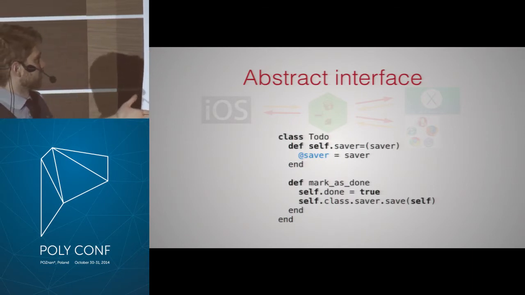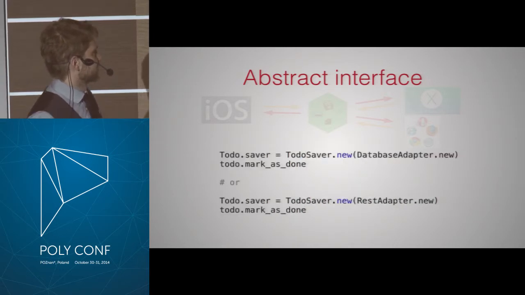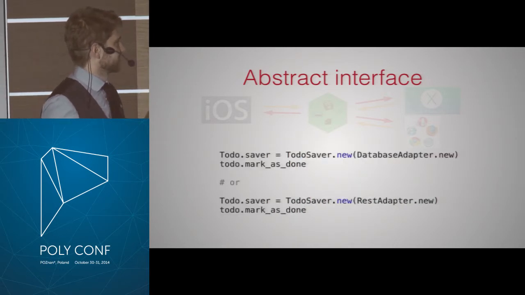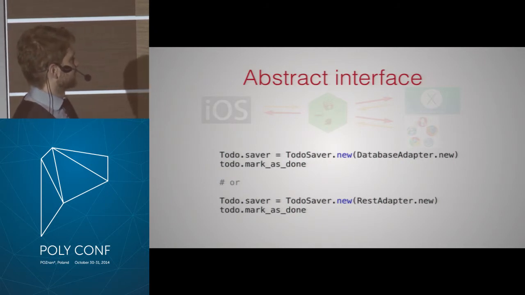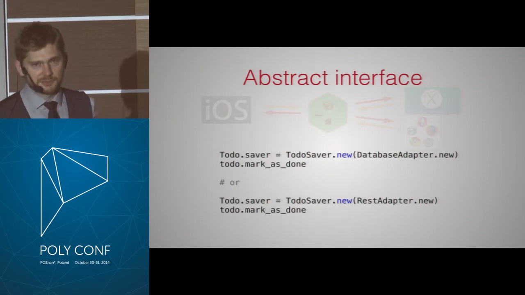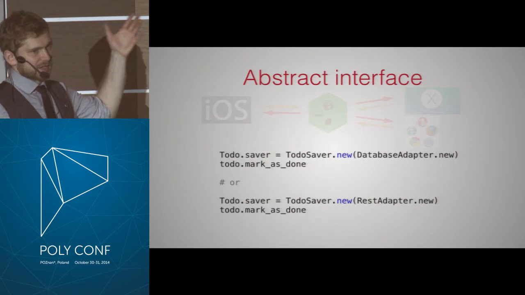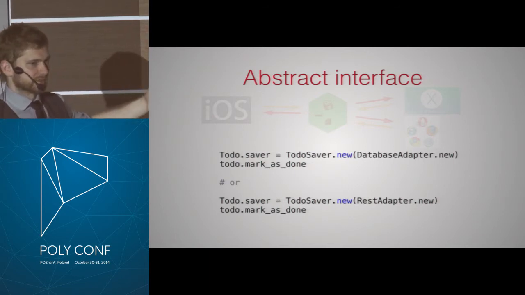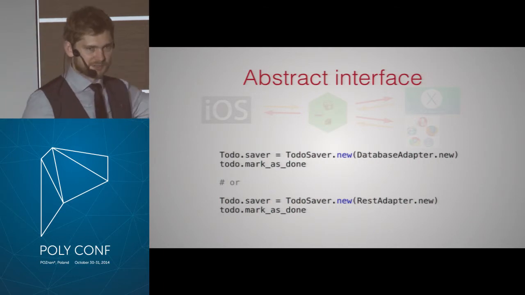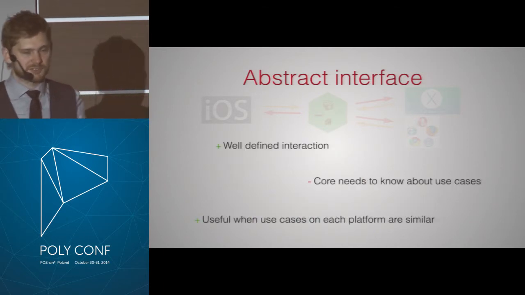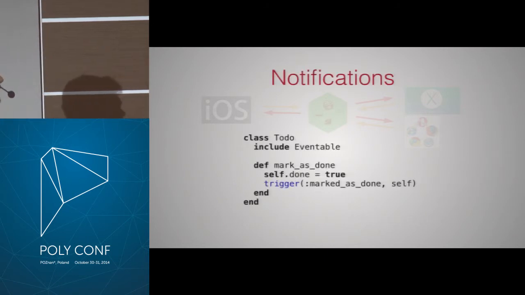We can inject that object and just save after the to-do is marked as done. And this saver could use a database adapter or REST adapter depending on what is needed on the platform. But with this abstract interface, our cross-platform Ruby needs to know that there is something potentially outside of our domain, so it needs to know about saving.